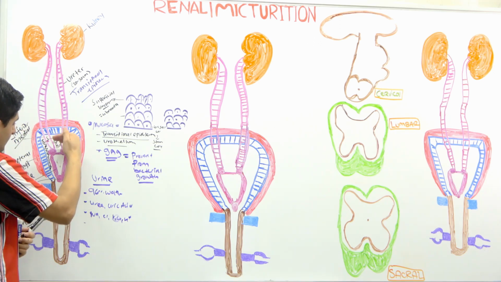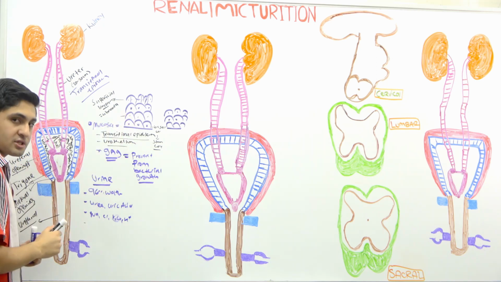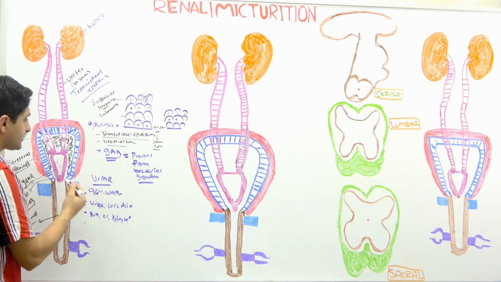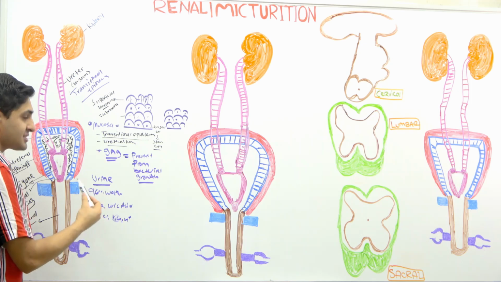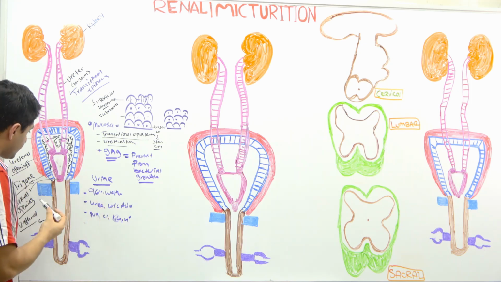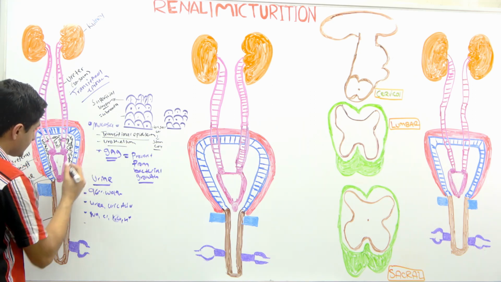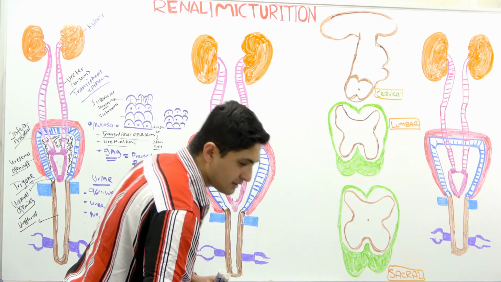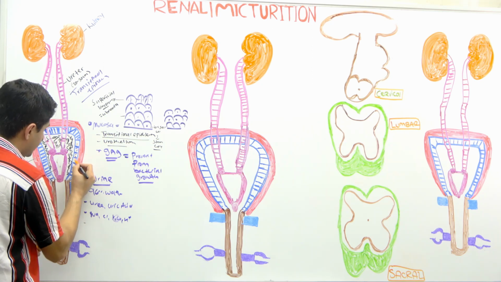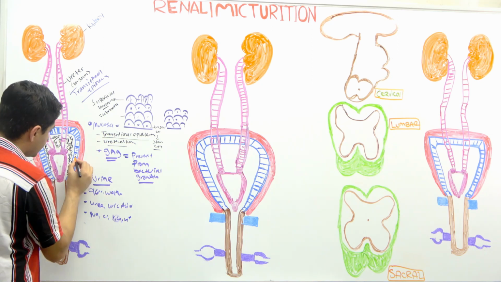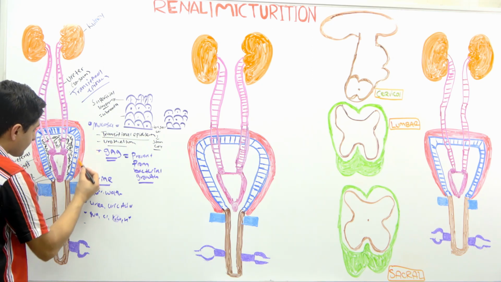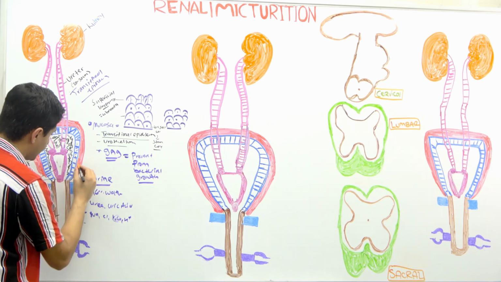The innermost layer is the transitional epithelium. They also have lamina propria, non-elastic connective tissue, and then you have the muscularis part, which is this blue structure here. This is very important. This is the muscularis layer, and we'll write it down here.